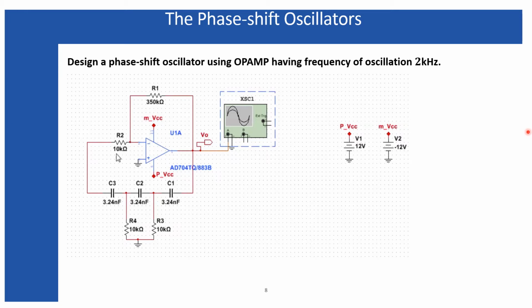So basically these two 10 kilo ohm resistances will appear in parallel to each other, and that will make the equivalent resistance half. That means you will effectively get a 5 kilo ohm resistance. So that makes a problem. That is why you can connect this 10 kilo ohm resistance directly at this point, and that I have done.